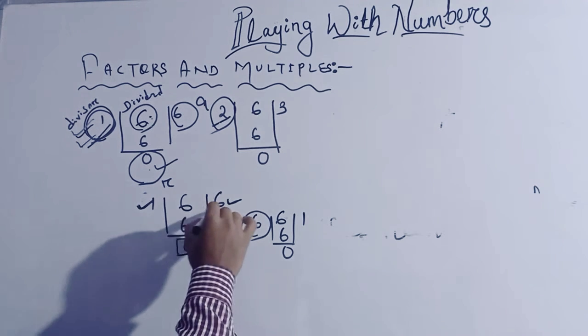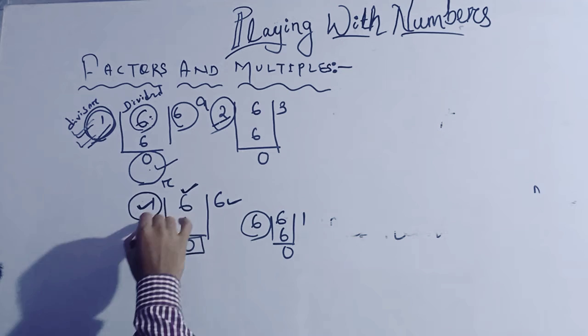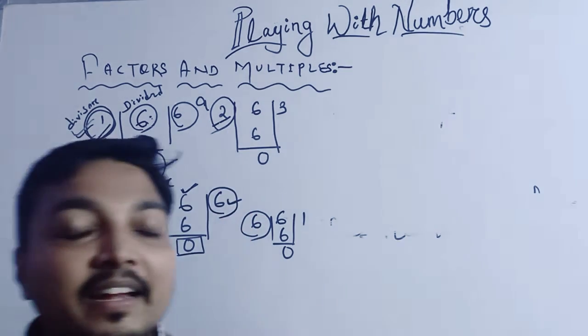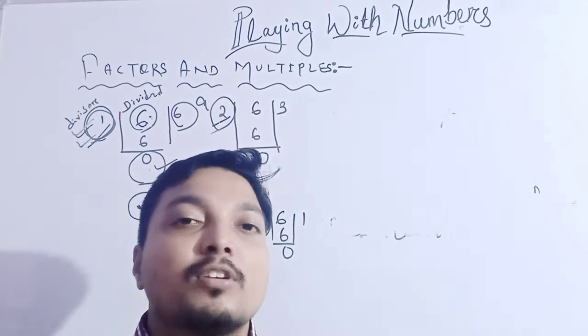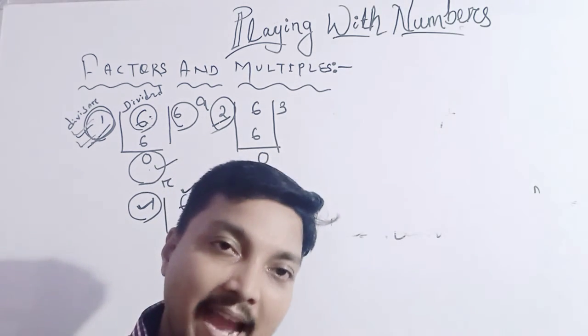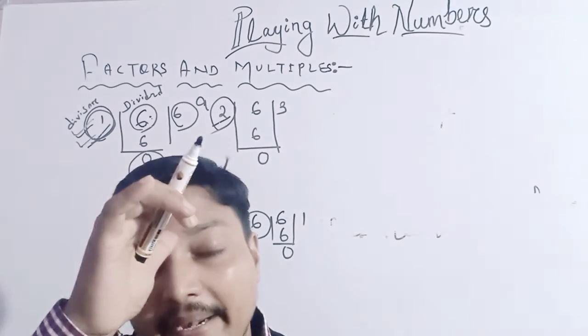It means, remember, for the middle number, both the left side and right side numbers are factors. Whenever the remainder is 0, both our divisor and our quotient are factors of the middle number.